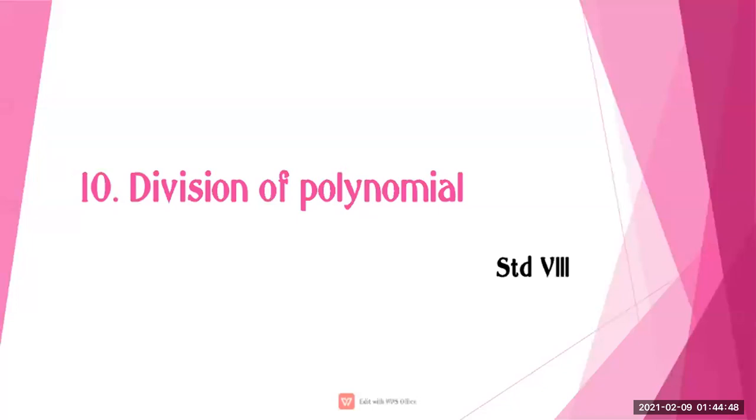The numbers which start from 0, 1, 2, 3 and so on, that is our whole numbers. So here we have to take all whole numbers in the index of an algebraic expression. Then that expression is called a polynomial.